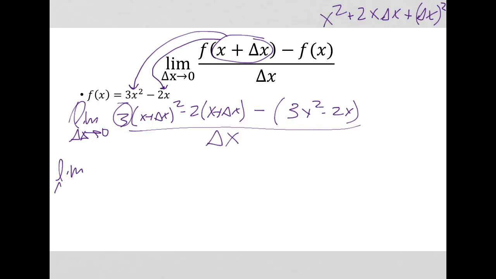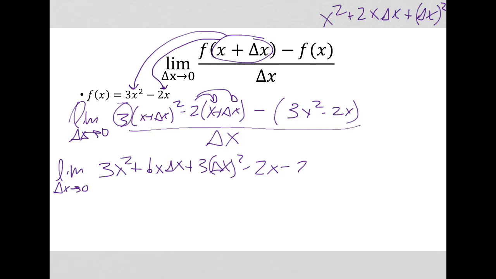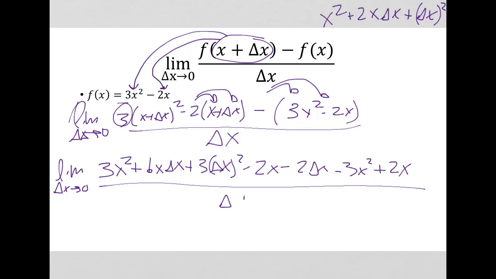So I'm going to get the limit as delta x approaches 0 of 3x squared plus 6x delta x plus 3 delta x quantity squared minus, distribute in that 2 to both, so minus 2x minus 2 delta x, and distribute in the negative to each of those terms to get a minus 3x squared, and a negative 2x gives us a positive 2x there. All of that over delta x.